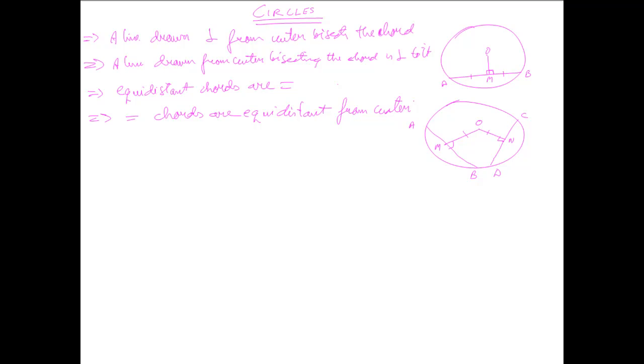Let's see some sums based on chord properties, children. The question says, in the figure alongside, OMPN is a square.